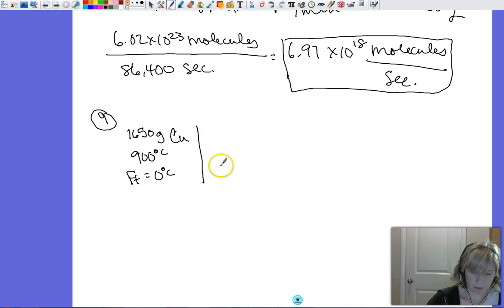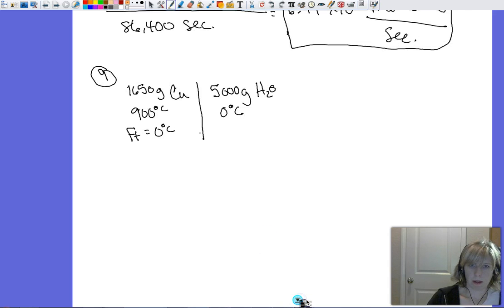And the second part of the problem, the ice weighs 5,000 grams, and we have that at 0 degrees Celsius. And it wants to know how much ice will be left over.